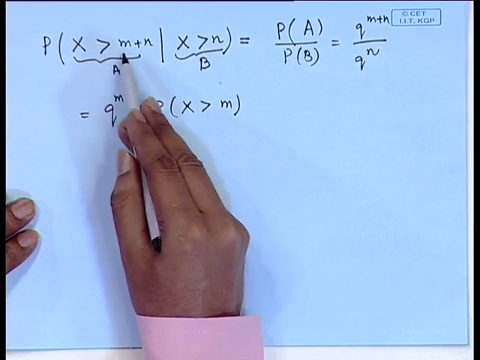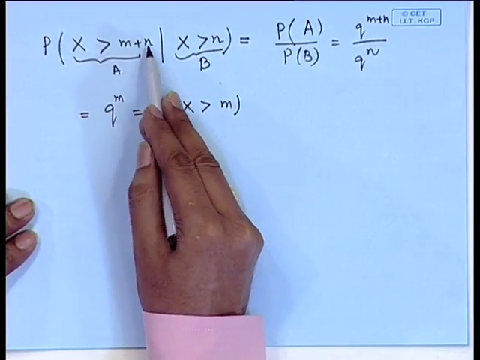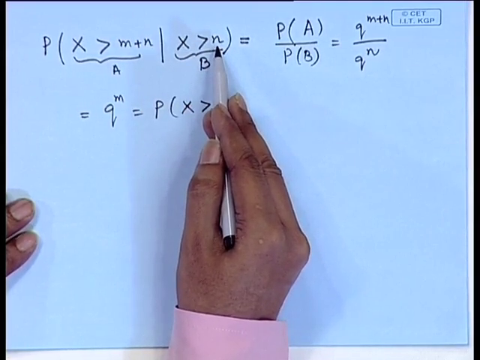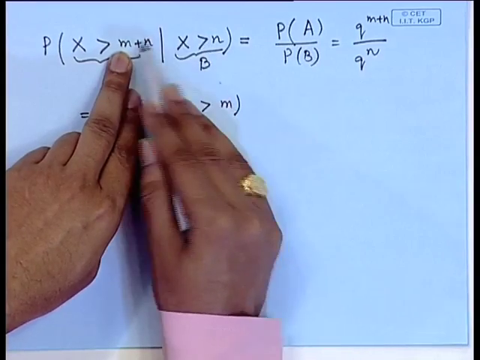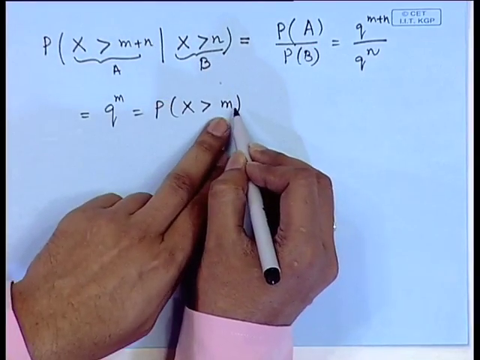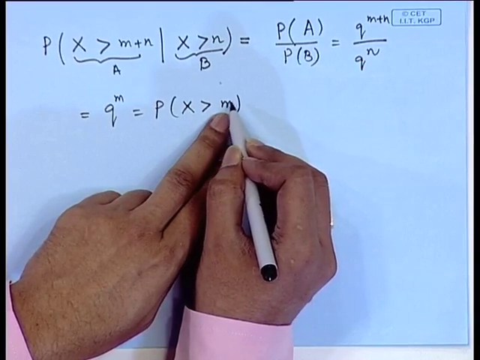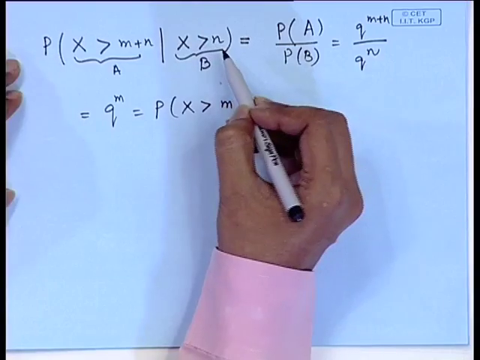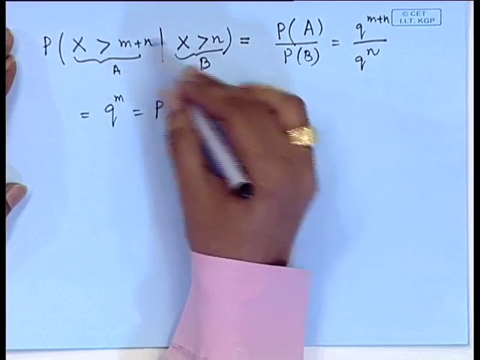Now, if you look at the left hand side, this is denoting the conditional probability that no success is achieved till (m plus n)th trial, given that no success is achieved till nth trial. You look at the difference here, n to m plus n, that means m more trials are needed, and here we started from 0 and we say that m trials are needed for the first success. That means, in m trials there is no success.